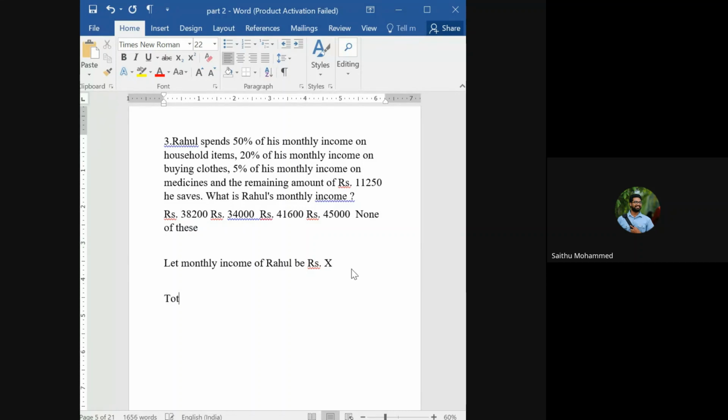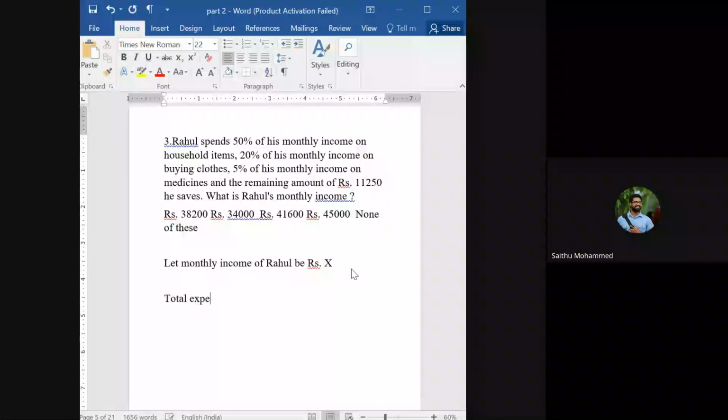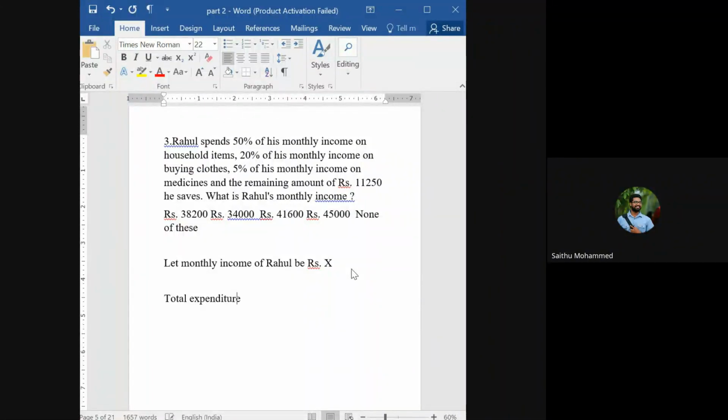So to get the total expenditure, we need to check the total percentage. The first one is 50%, then 20%, then 5%. So I am adding as it is: 50% plus 20% plus 5%.